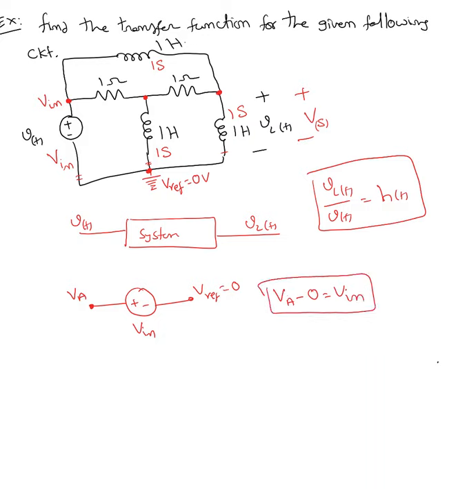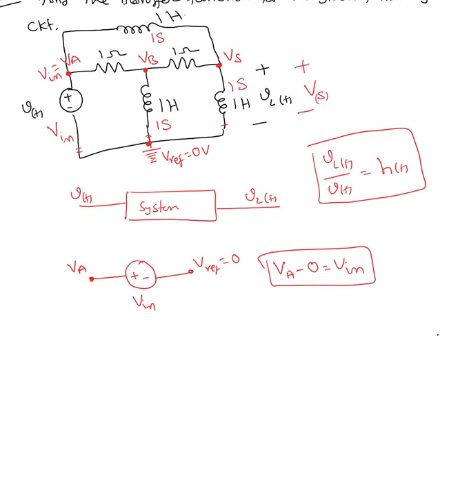Based on this principle, the voltage at that point is Vn, so VA equals Vn. Now the voltage at this point is Vs, and let me take this as Vb. Now to find the voltage at Vs, you need to apply KCL at Vs and at Vb.